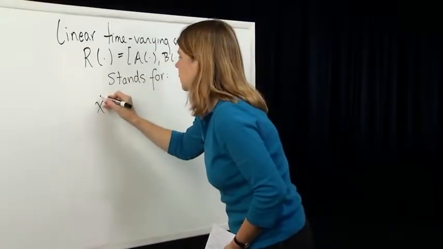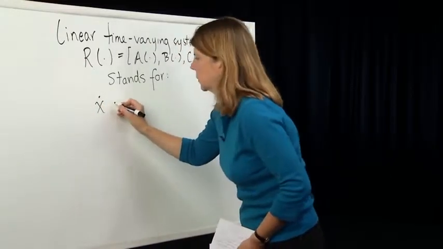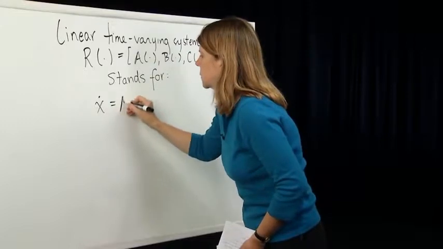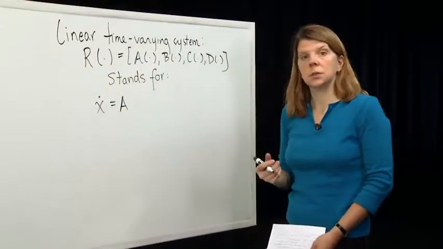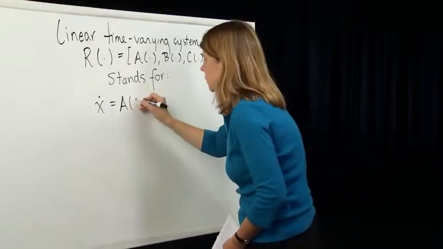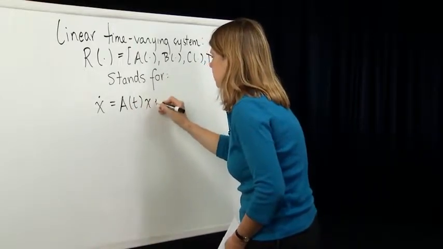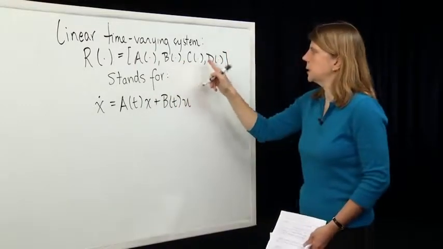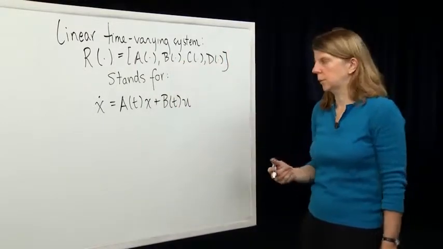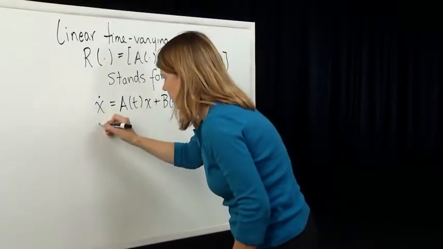So we've been dealing with states when we talk about dynamical systems. So the A and B matrices come into the differential equation describing the system evolution. And the C and D matrices come into the output equation, or the readout map.